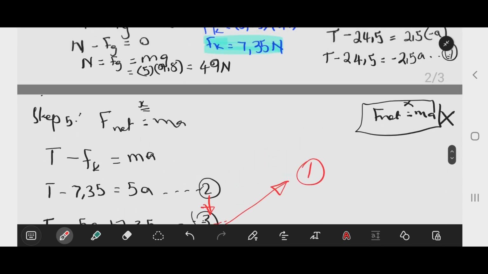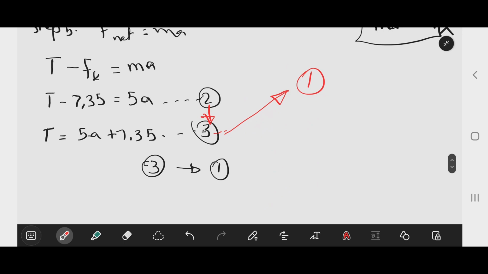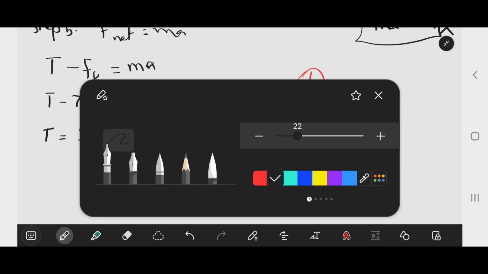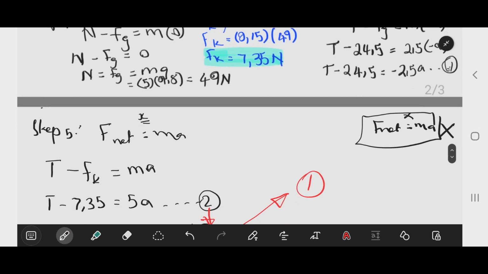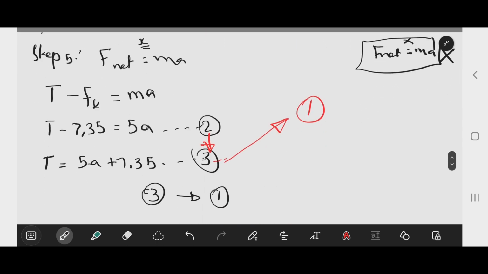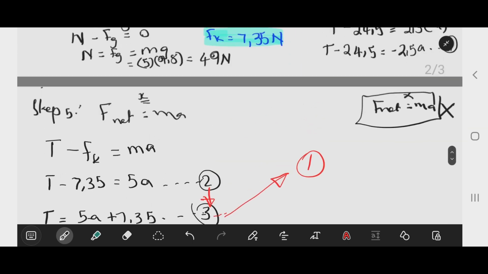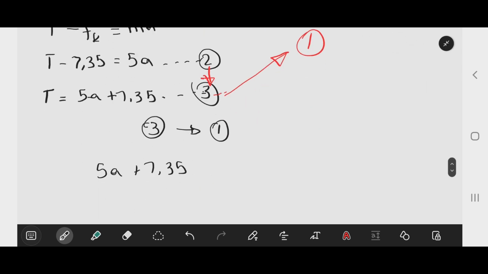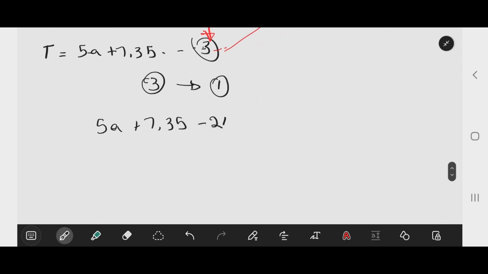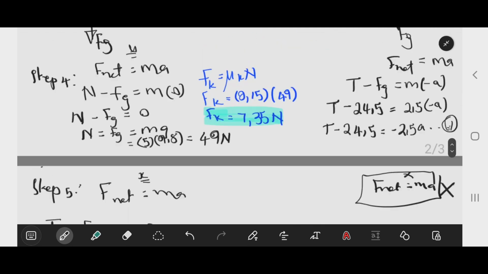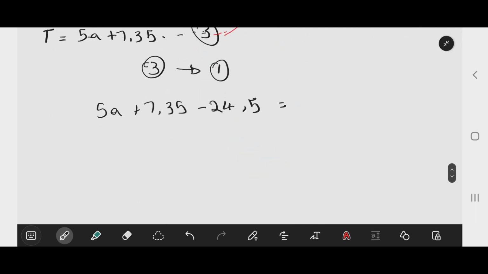Wherever we see tension, we will substitute 5a plus 7.35 in equation 1. That would be 5a plus 7.35, minus 24.5 equals negative 2.5a.